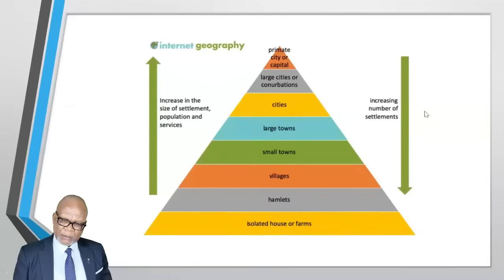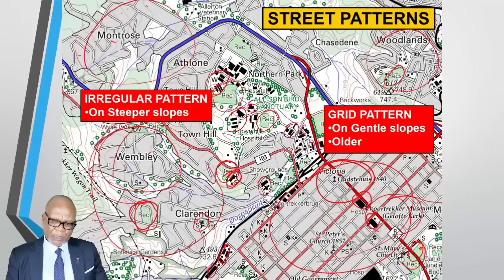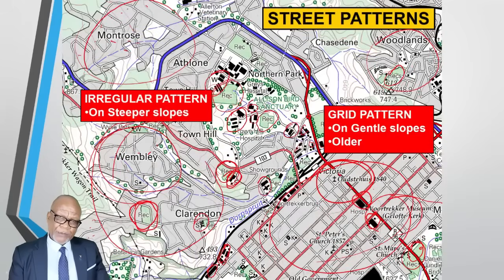Now, this one we have already spoken about, and this is what we have been looking at here. This is the land, this is the internal structure, or urban morphology, as identified from the topographical map.